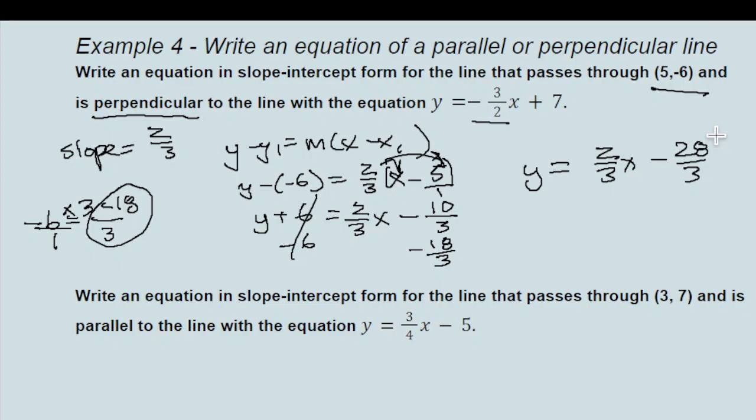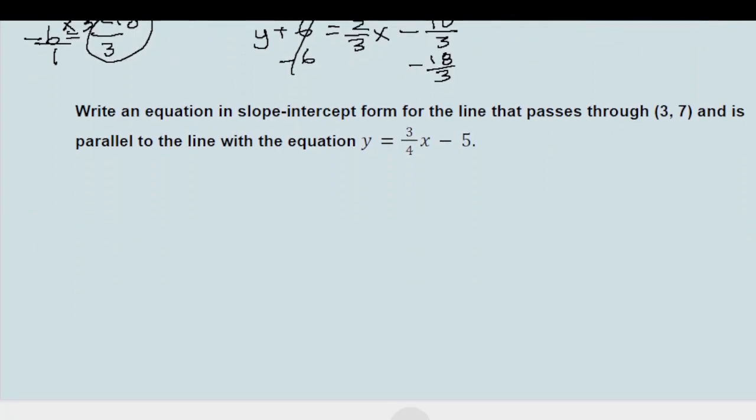All right, let's do this last one. We're talking about parallel lines. When we do this, we have to recognize that because it's parallel, our slope is going to be the same, because they never touch.